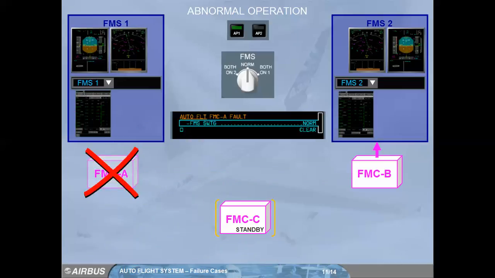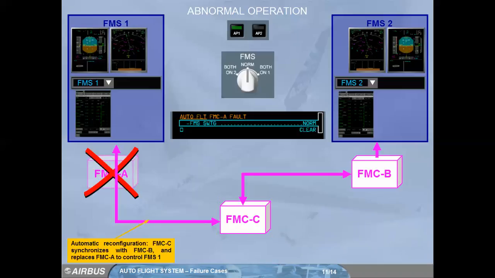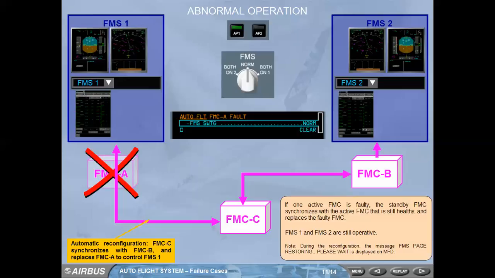Active FMC is faulty: the standby FMC synchronizes with the active FMC that is still healthy and replaces the faulty FMC. FMS1 and FMS2 are still operative. Note: during the reconfiguration, the message "FMS page restoring, please wait" is displayed on the MFD.